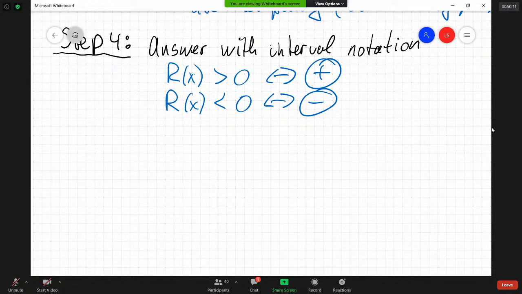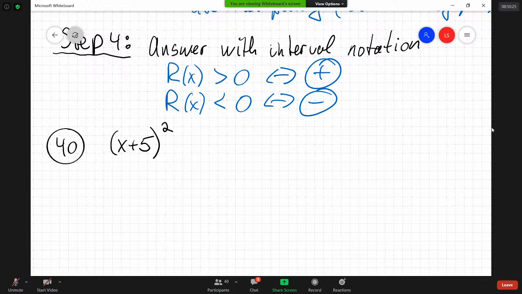First one, we'll pick something on the easier side. Which one do I like here? Number 40 I like. x plus 5 squared over x squared minus 4 is greater than or equal to 0.